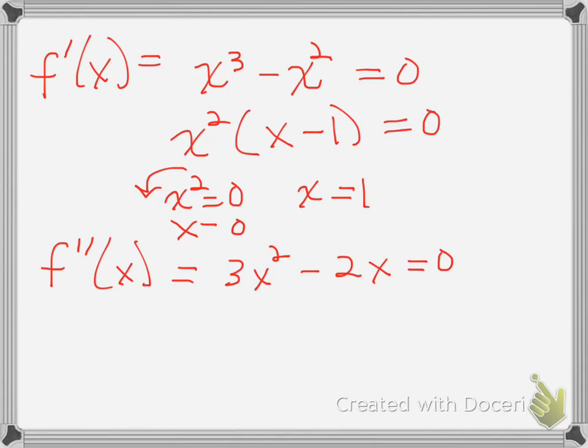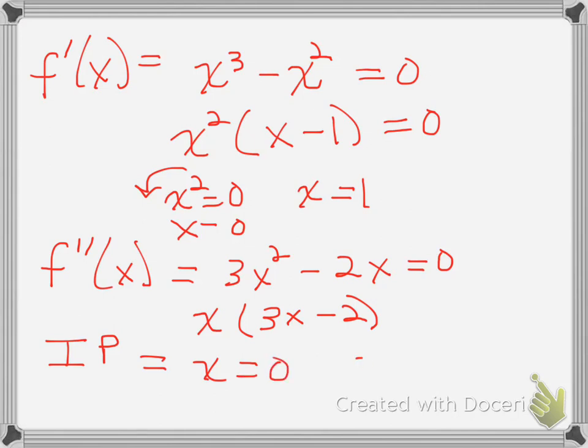We can factor out an x again, right? So I have 3x minus 2. So it looks like I have two inflection points. I'm talking about just the x values of inflection points. I have x equals 0, and then I have x equals positive 2/3.